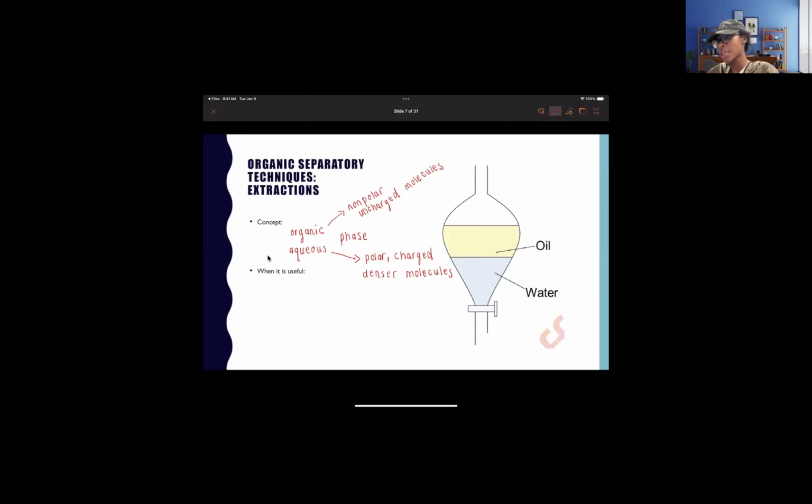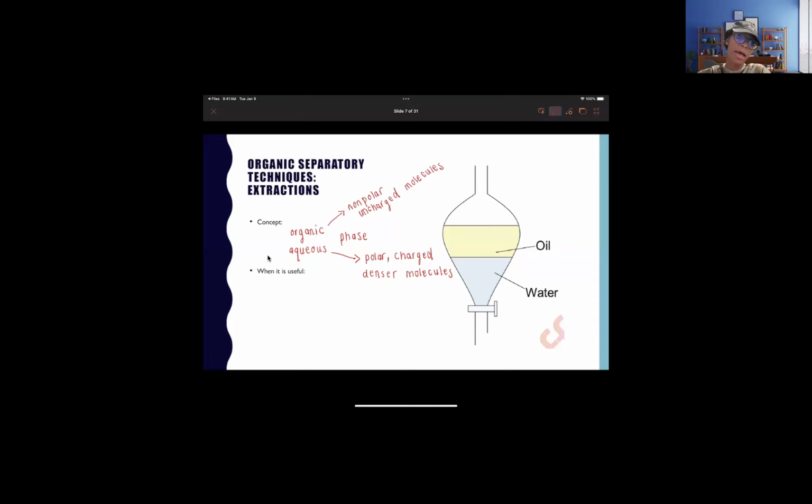And another large thing that tends to come into play when you're dealing with extractions is going to be pH gradients. So whenever you're dealing with acid-base chemistry, or if you're trying to separate things that have very different pKa's, you can adjust the pH of the solution. That way you have one charged molecule and one uncharged molecule based off of its pKa's and isoelectric points.